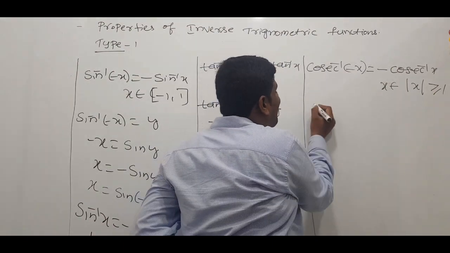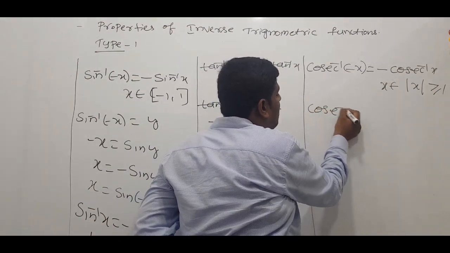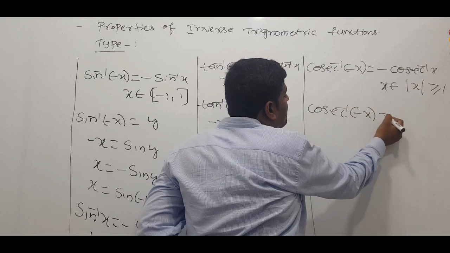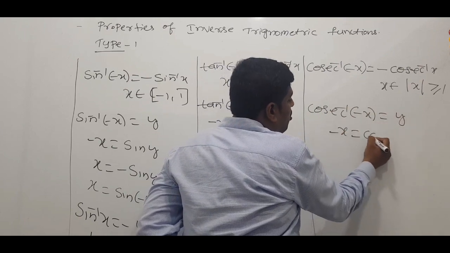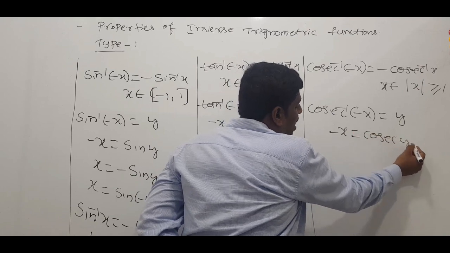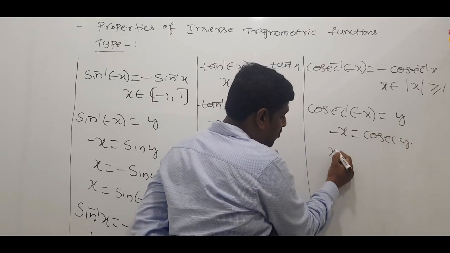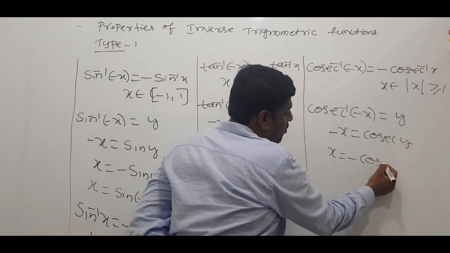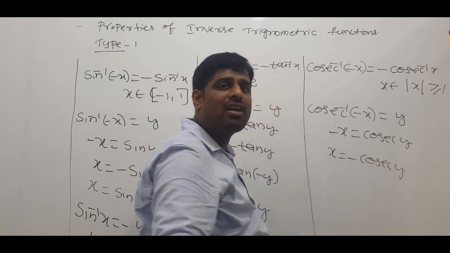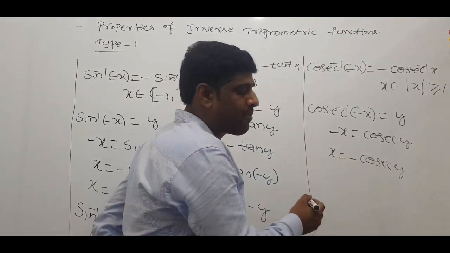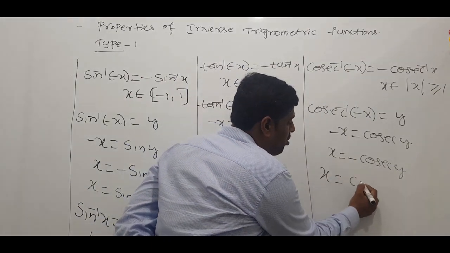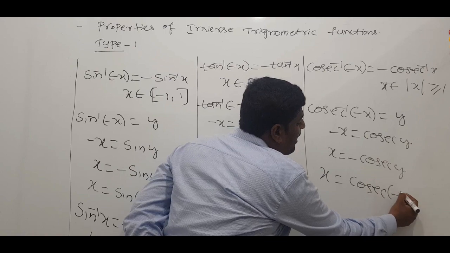Now let us take cosecant inverse of minus x is equal to y. Minus x is equal to cosecant y. Now x is equal to minus cosecant y. Already we know that cosecant of minus y is minus cosecant y, so x is equal to cosecant of minus y.